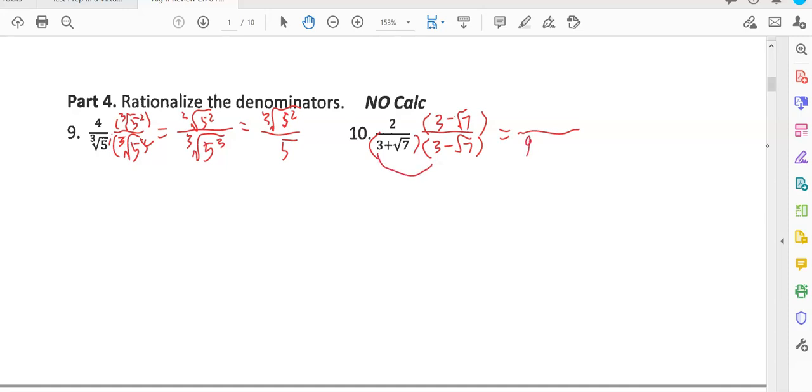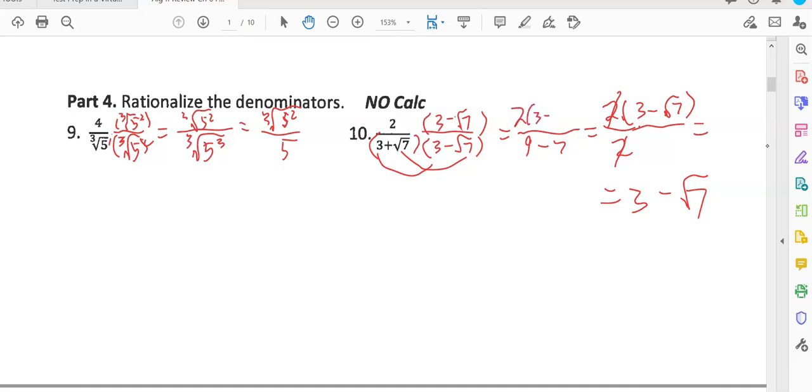So 9 minus square root of 7 times square root of 7 is 7. So we get a denominator of 2, and that's the reason why I did not cancel. I was hoping that the 2's might cancel here. And they do. So we just end up with 3 minus square root of 7. I guess technically that's 2 times 3 minus square root of 7.